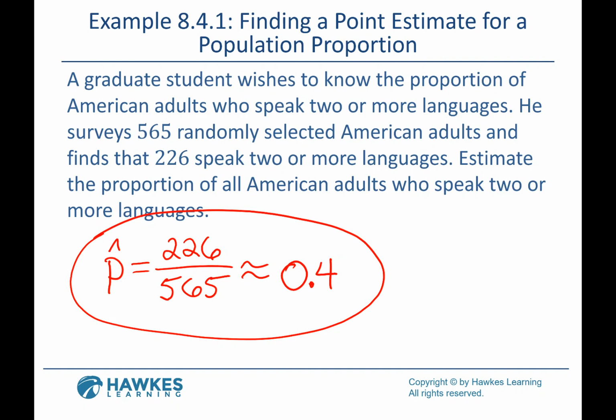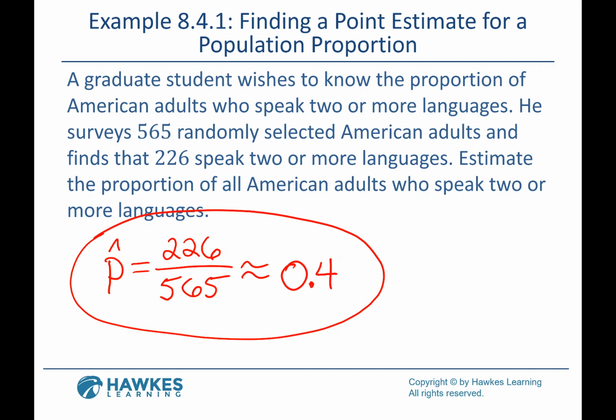All right, so that's a sample proportion. You probably have not had time to think about it yet, but what kind of data distribution are we dealing with here if we're thinking about proportions? Let's think about that for a second.